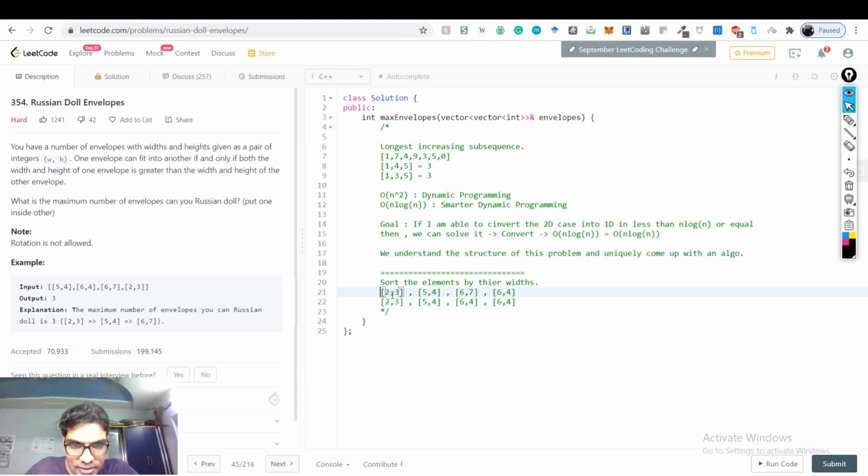What this sorted order gives us is the guarantee that if you look at the width, this width will always go into this width, this width will always go into this width, and so on and so forth. But the problem is that if you look at 6 and 7, the widths will actually match.